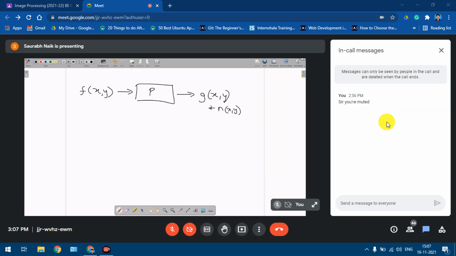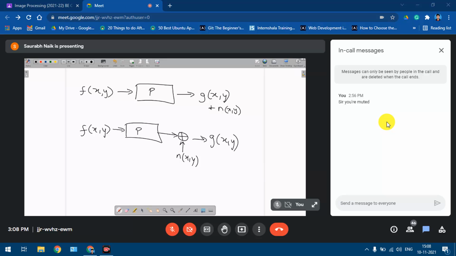What we can also have is the noise added to the image itself after the degradation process, and what we have is the noisy image. In the second case, we have to process the system itself considering the noise, and therefore we cannot just ignore the noise.